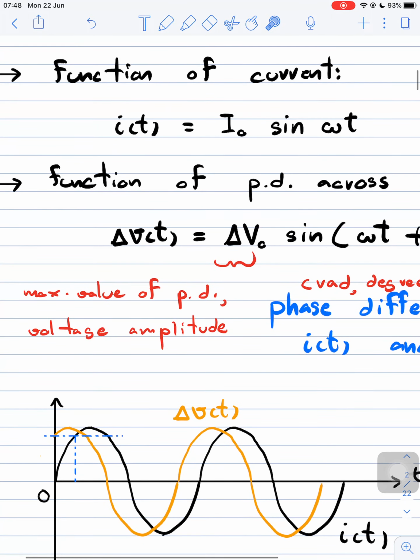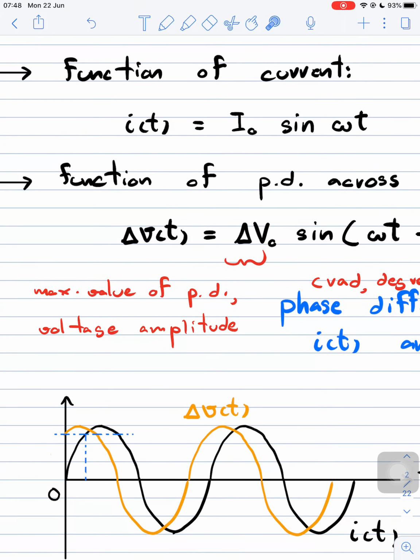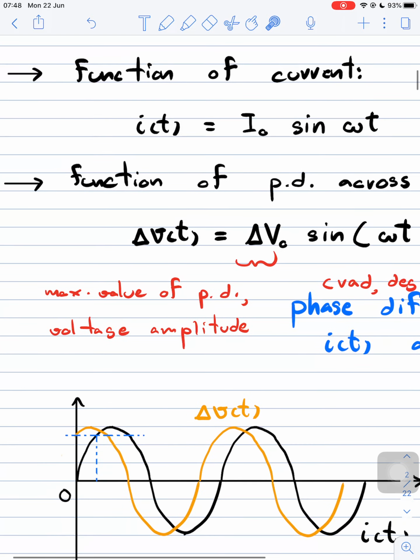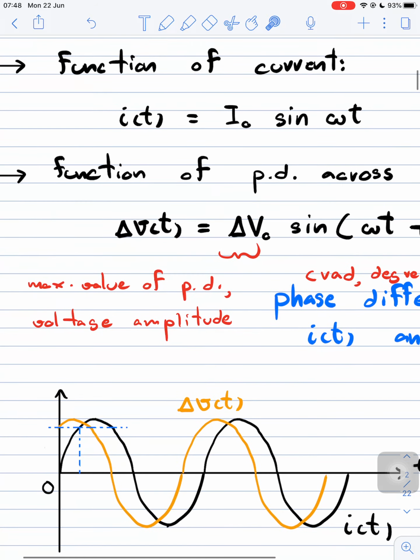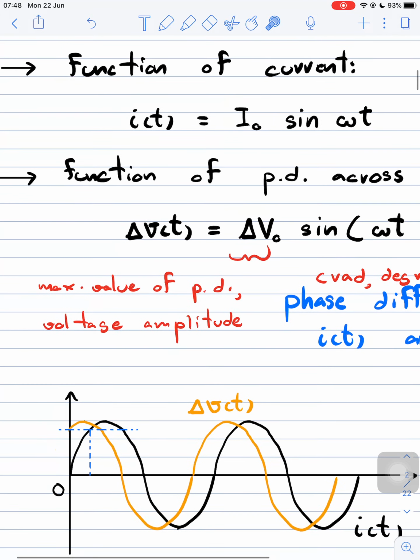When we talk about the quantity depending on the time t, I use the small letter. So I use the small i for the current depending on the time, and the small delta v for the potential difference depending on the time t as well. But don't forget that for the amplitude, we use the capital letter, and the ones depending on the time, we use the small letter.